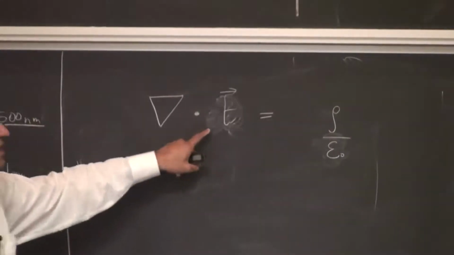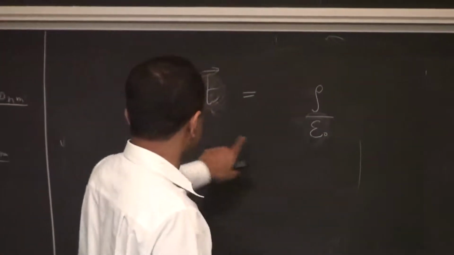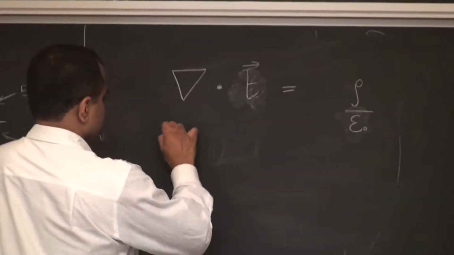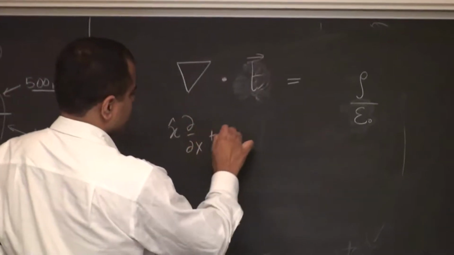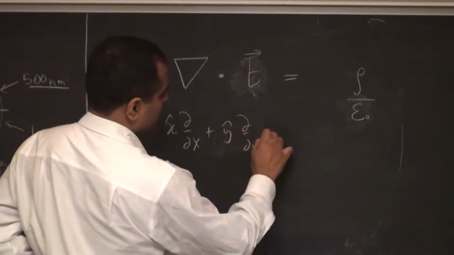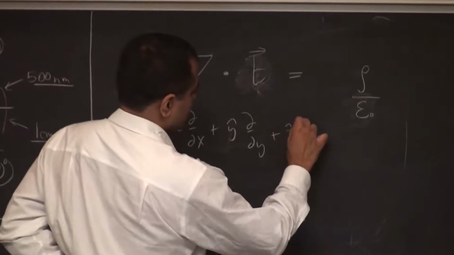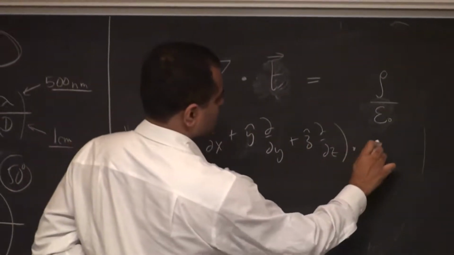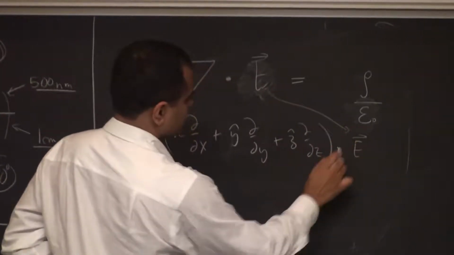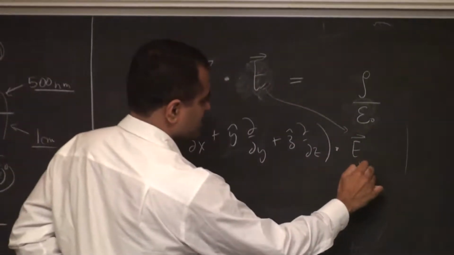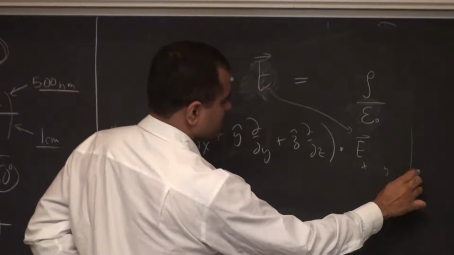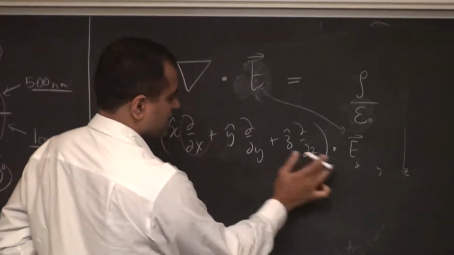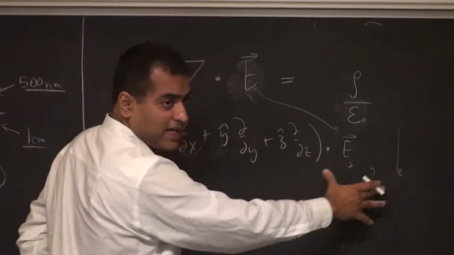But physically, what is divergence? Del over del x plus del over del y plus del over del z, dotted with whatever your vector field is. Term by term, you find your x component, y component, z component, take a derivative with respect to the x coordinate, y coordinate, z coordinate, add them, and that's divergence.